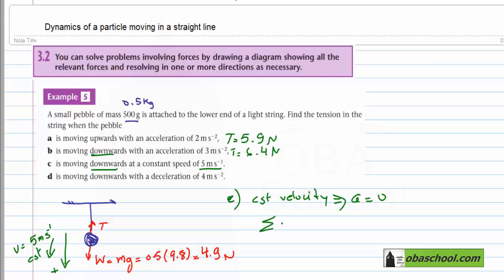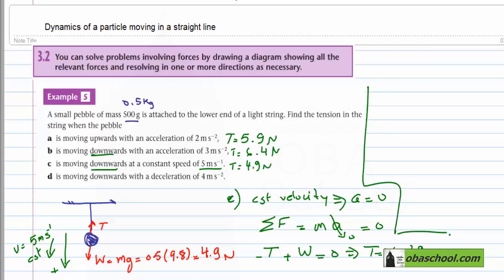Then the summation of forces along the y-axis is ma. Acceleration is zero, then ma is zero. So the summation of forces is equal to zero. Then we have a negative T acting upwards, opposite to the positive direction, thus negative. There is W acting in the positive direction of motion that we set up to be downwards. Then T is simply equal to W, that's equal to 4.9 newtons. This is T in part C, that is equal to 4.9 newtons, the weight of the object.